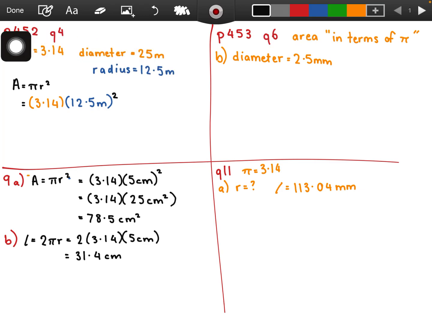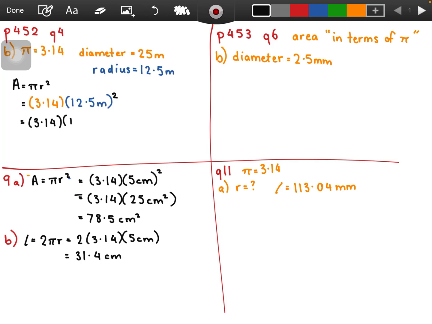Likewise, if it says use pi as 3.14 and it gives us our diameter and we're not sure how to get our radius, if you just write 3.14 and let's say you multiply it by 25 squared instead, you can still get a good chunk of the marks for that. But we know the radius is half the diameter, so we can do this out.